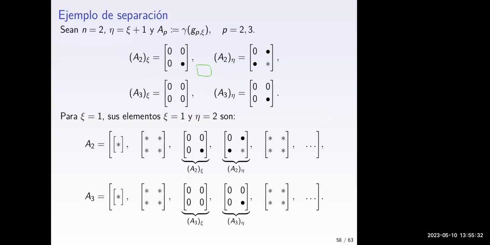Oh, yeah, okay. This is the main idea: due to this anti-diagonal structure, for the frequency eta we have a rich set of generators, and for the frequency xi, one of the matrices is 0, and the products will be 0.